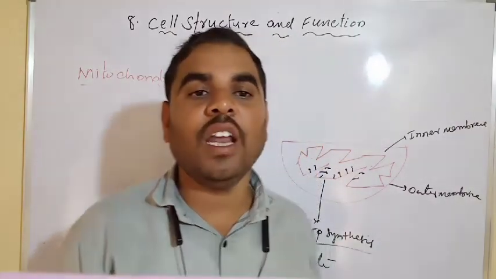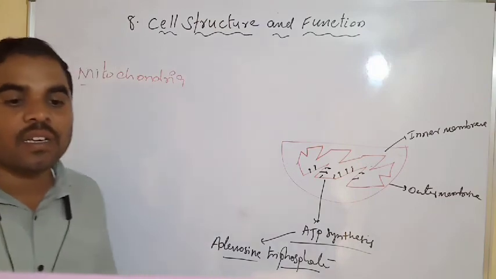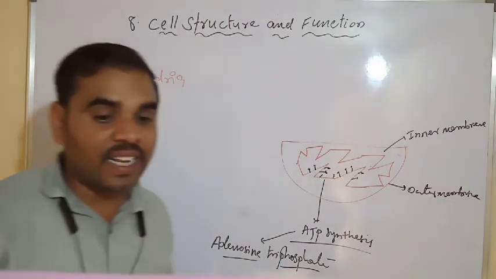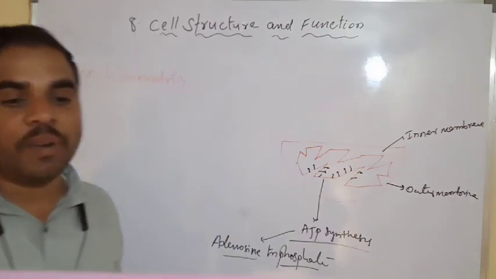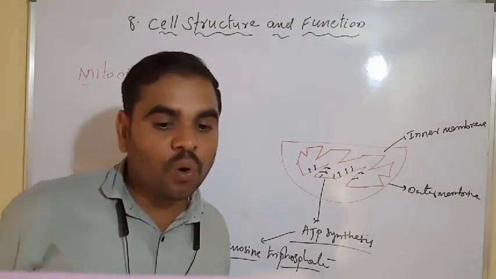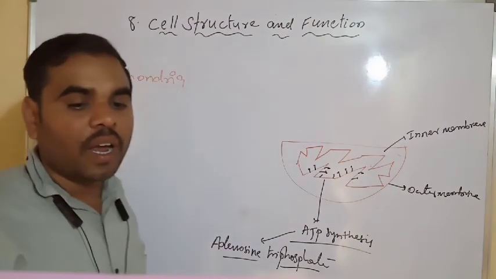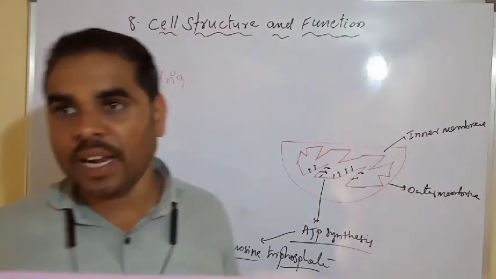That's why we call the mitochondria the energy currency. Rod-shaped organelles. Glucose and oxygen are used here to produce energy.